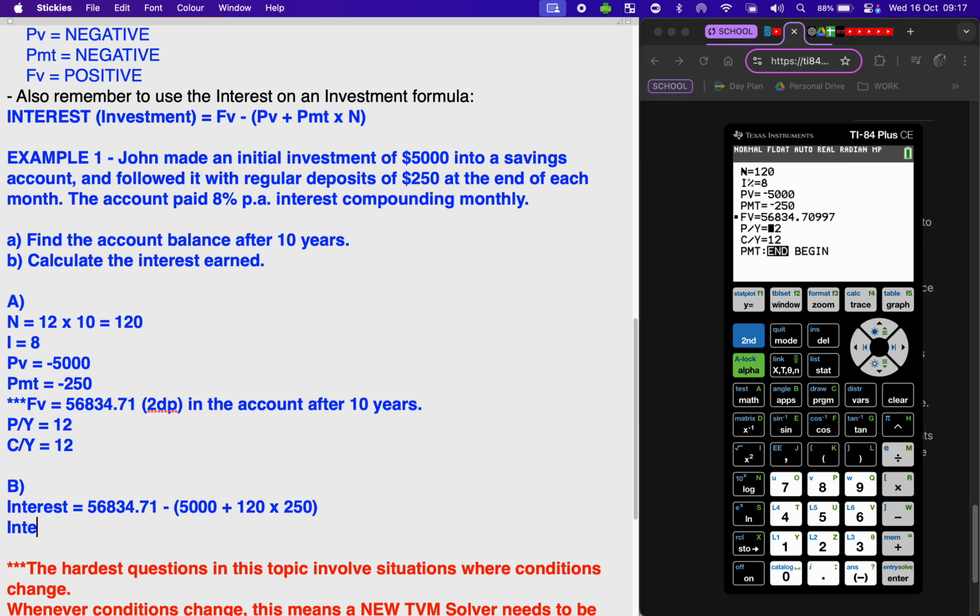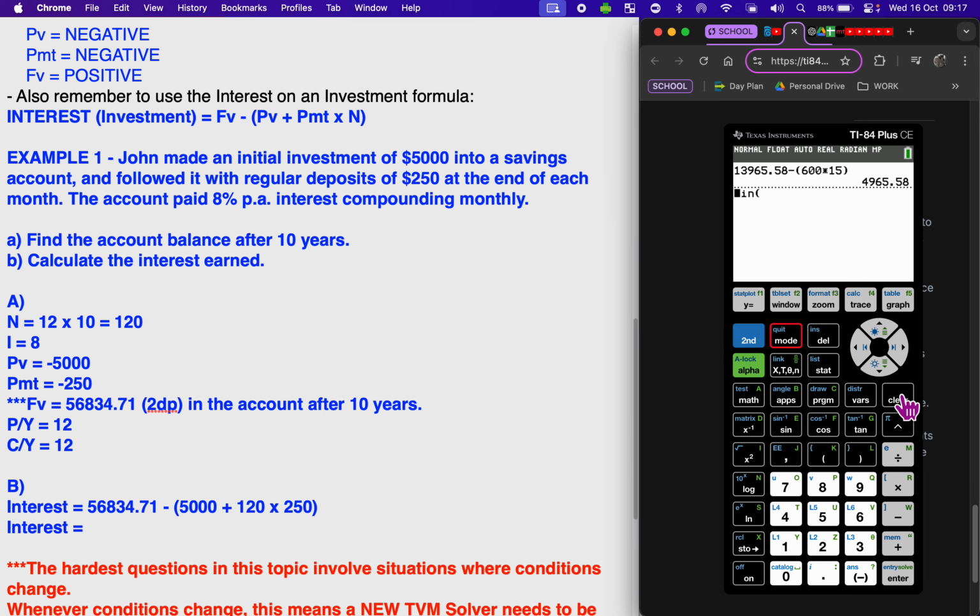So, like I said, with this calculator, you can trust it to do BEDMAS properly. Second mode to quit out. $56,834.71 minus, in brackets, $5,000.